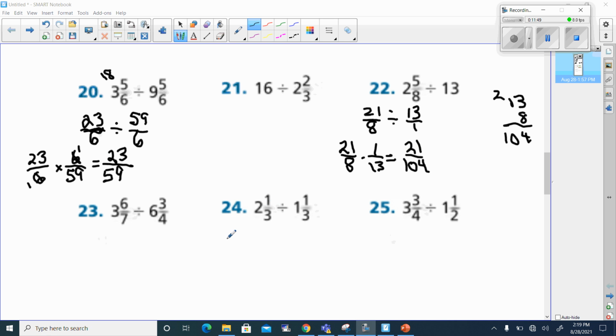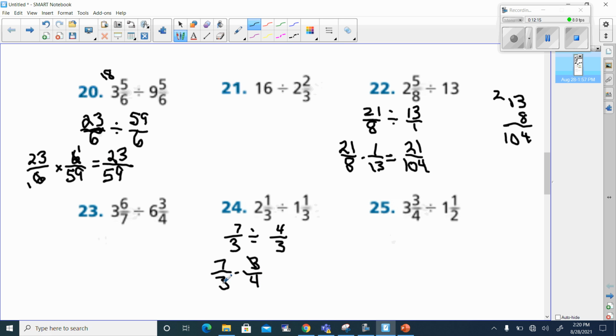Next, I got number 24. 2 times 3 is 6, plus 1 is 7, so that's 7 over 3. One times 3 is 3, plus 1 is 4, so that's 4 over 3. Keep change flip makes us 7 over 3 times 3 over 4.